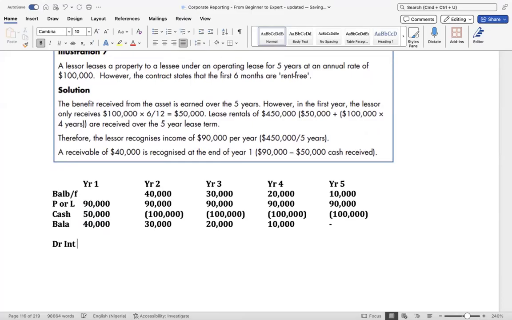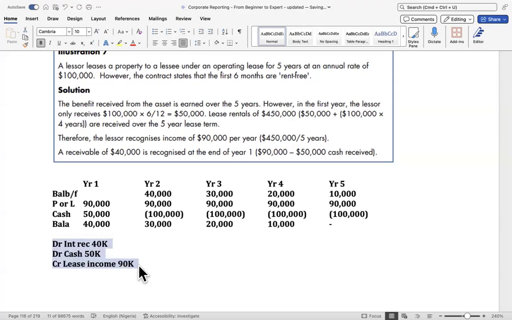You said I will debit interest receivable with 40K, I'll debit cash with 50K, and I'll credit my lease income in my P&L with 90K. So my account balanced, which is very, very fine.